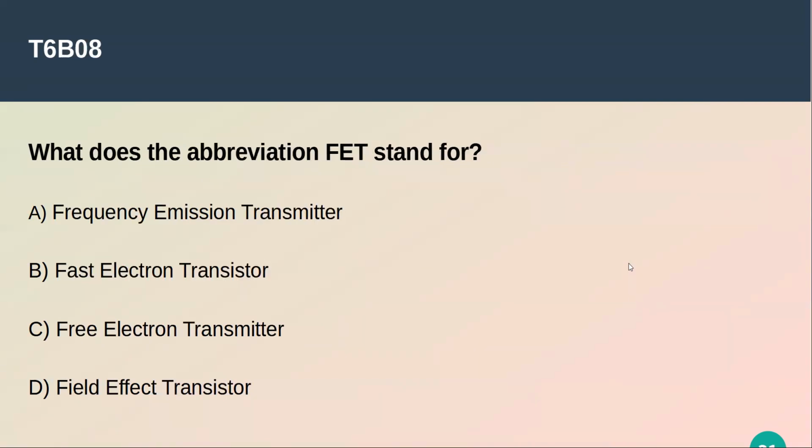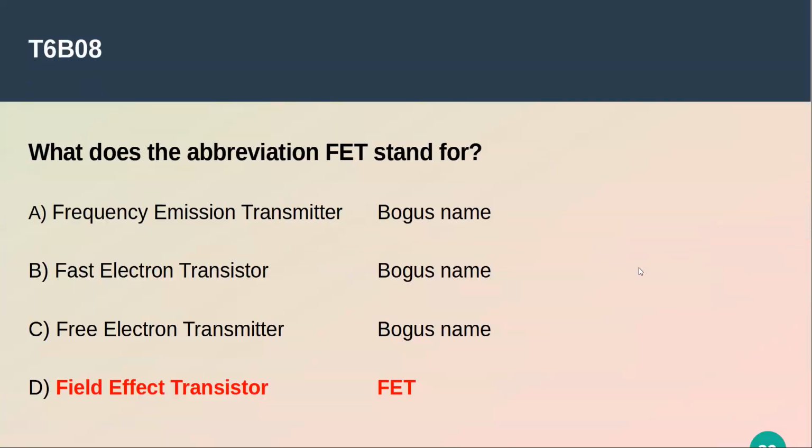What does the abbreviation FET stand for? Field effect transistor. I don't know what a frequency emission transmitter is, or a fast electron transistor, or a free electron transmitter. They just made those up.